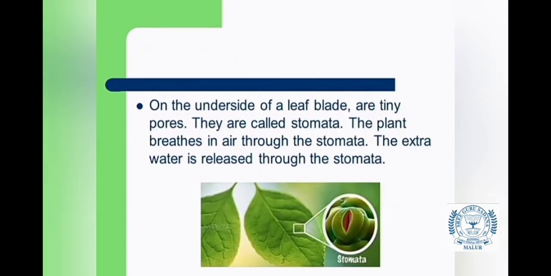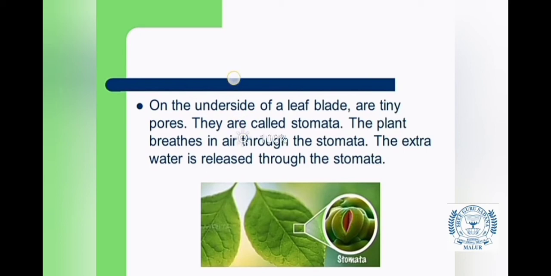So now let us look into the different parts of the leaf. So here before that, let me brief you about stomata. What is stomata here? On the underside of a leaf blade are tiny pores. They are called stomata. The stomata are the tiny pores which are present in the leaf.